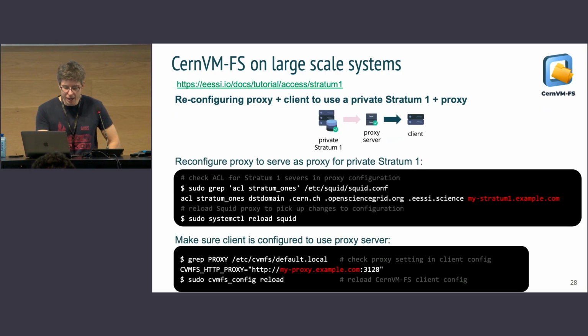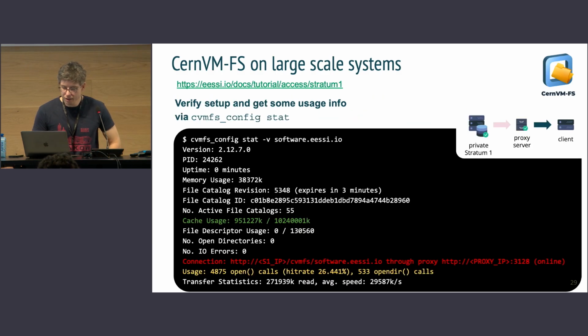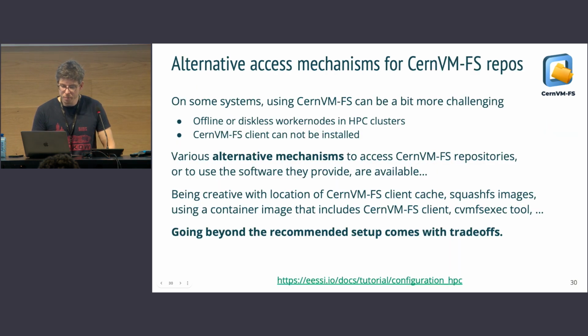So you then add the Stratum 1 to the proxy configuration and the proxy to the client configuration, like this. Another nice tool is the cvmfs_config stat. That also tells you a bit about the network usage and the things that are being used on CVMFS.